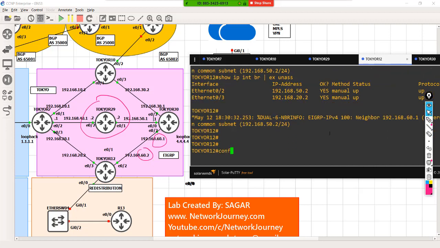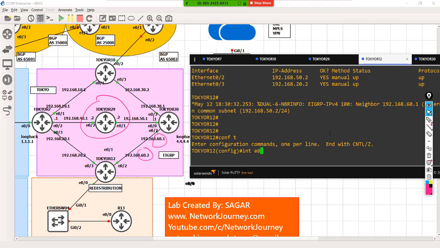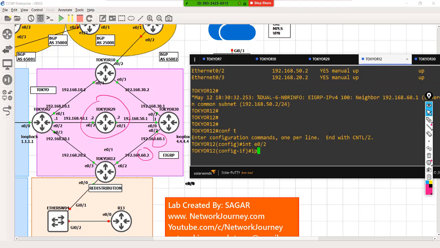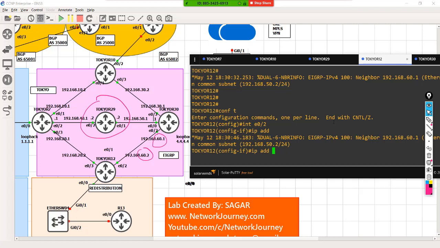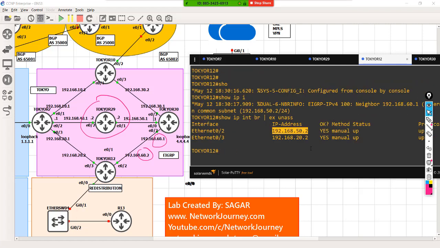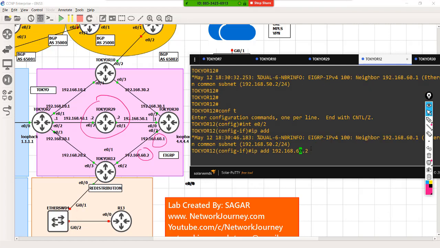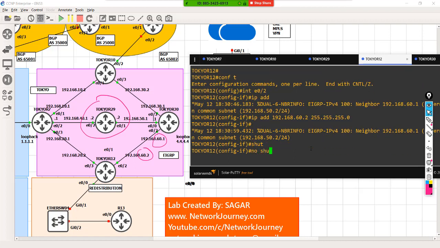Let's go to interface 0/2 and set its IP address to 60, mask 255.255.255.0, shut, no shut.